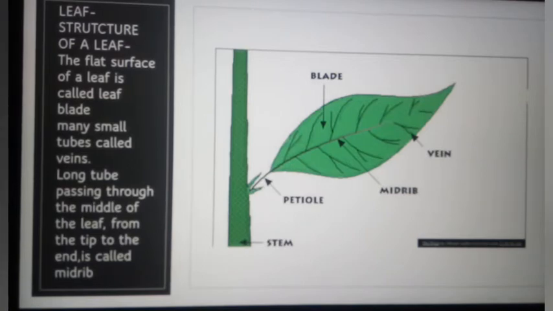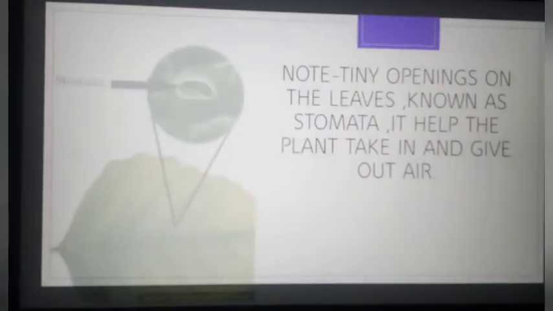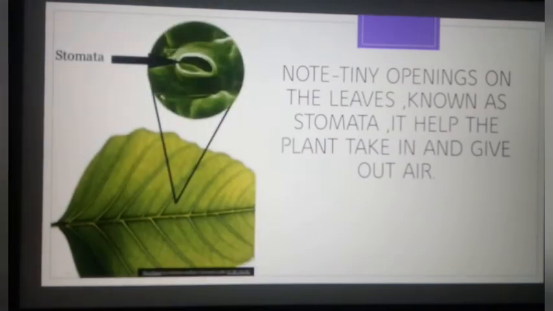Now, one more thing I would like to tell you is that leaves contain stomata. On the underside of the leaf, stomata are present. Now, what are stomata? Here it is, a stoma. You can see it is a very small hole which is not visible on the leaf.